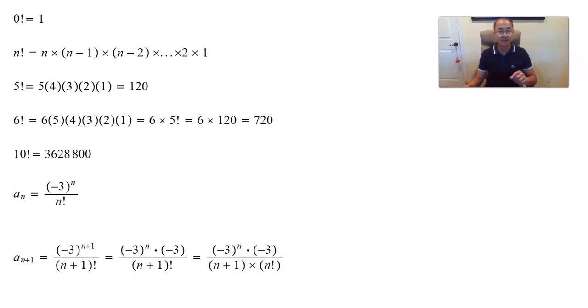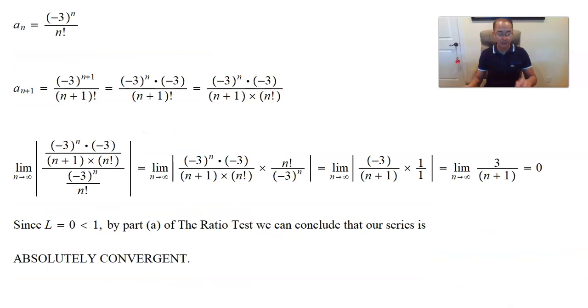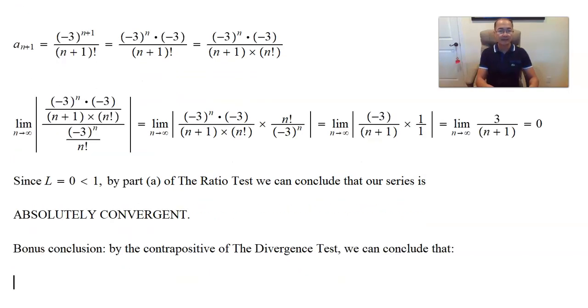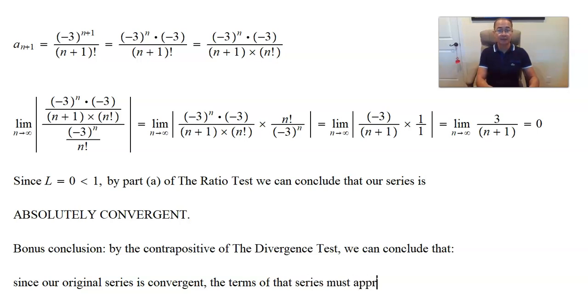So let's write down that bonus conclusion. By the contrapositive of the divergence test, we can conclude that since our original series is convergent, the terms of that series must approach 0.